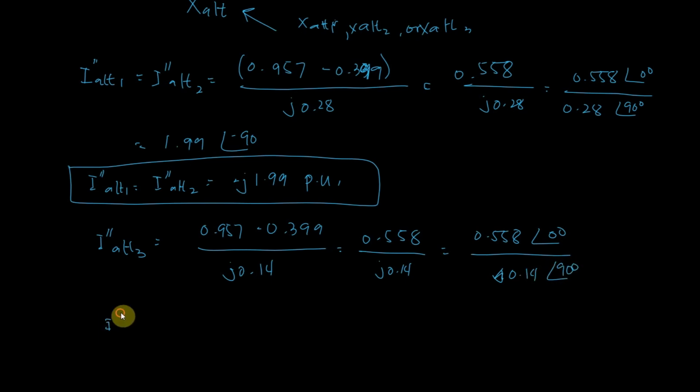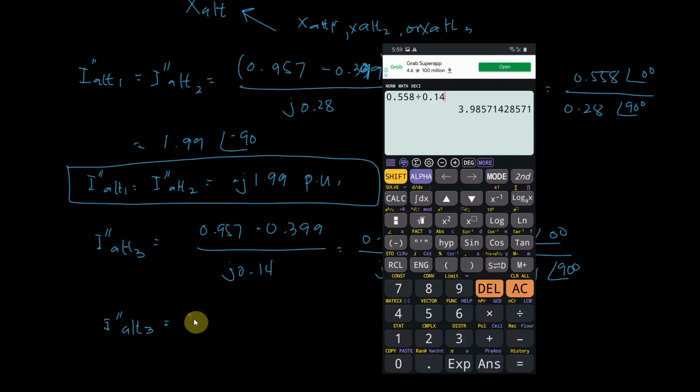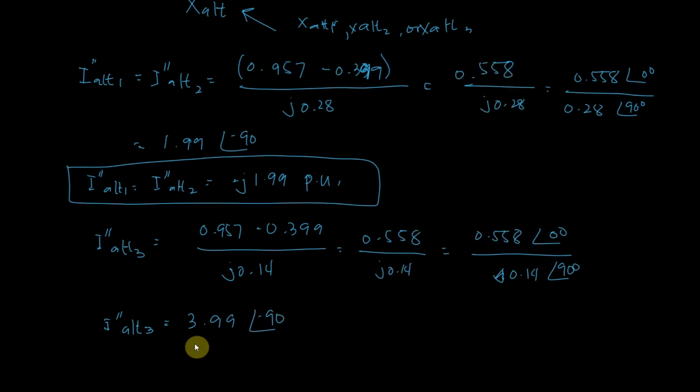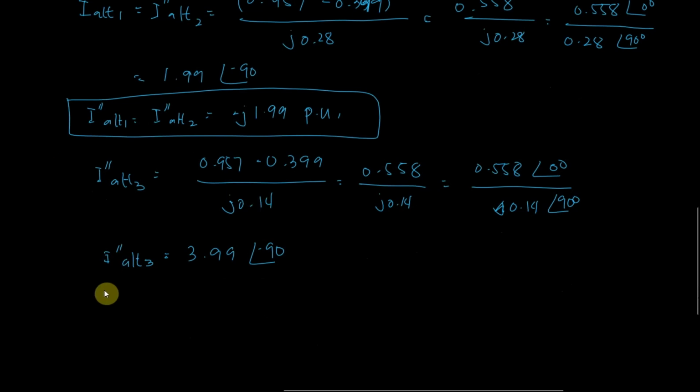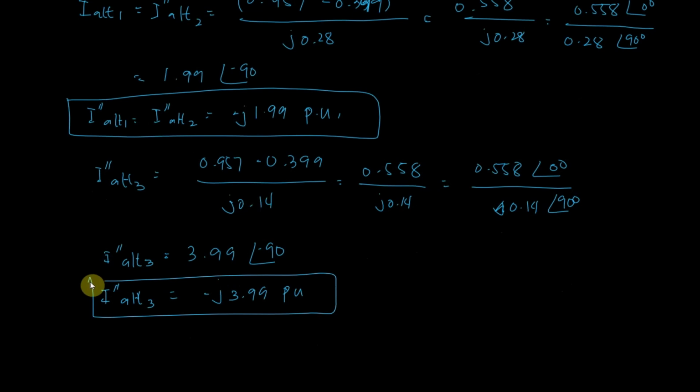So therefore, yung ating sub-transient current sa alternator 3 is equal to 3.99 cis of negative 90. Or, pagka kinonvert natin sa rectangular, sub-transient current sa alternator 3 is equal to negative j 3.99 per unit. Okay?